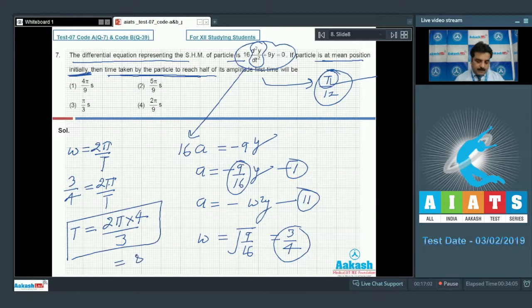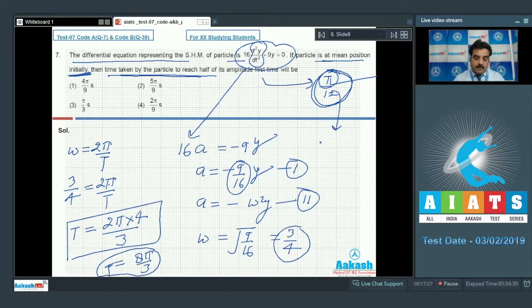Means T is 8 pi by 3. But I need the value of time taken by the particle to reach half of the amplitude, and that is equal to T by 12 as I said.